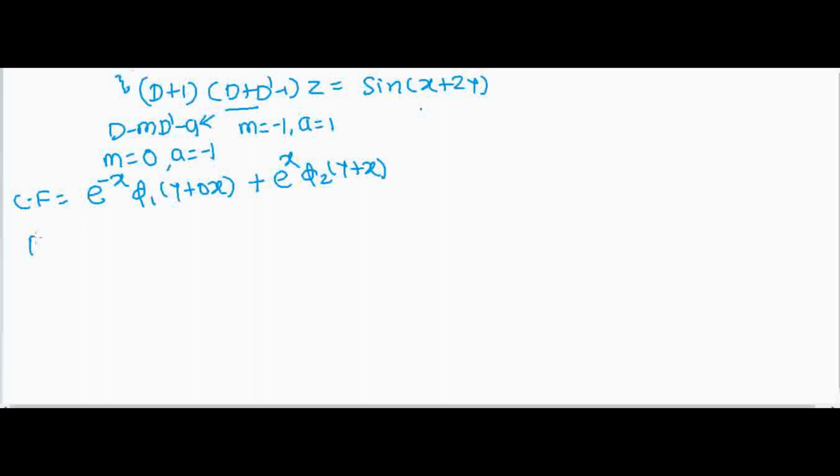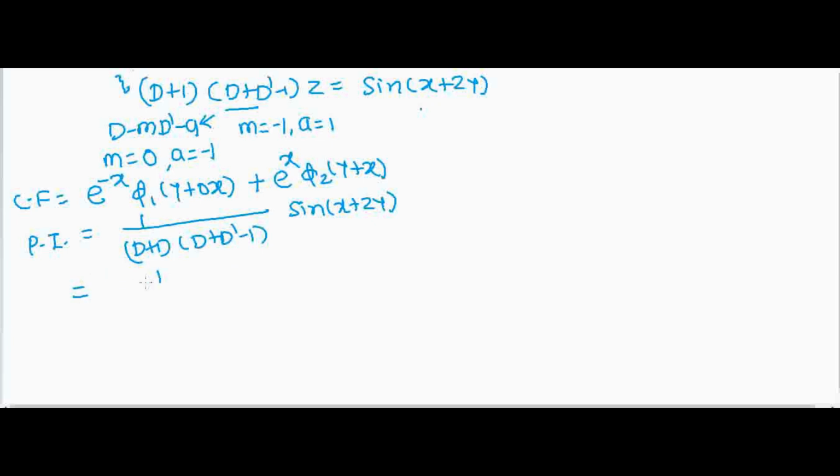Now the particular integral is equal to 1 divided by D plus 1 into D plus D dash minus 1 operating on sine of x plus 2y. Now to operate this operator, we know that we require the terms D square, D into D dash and D dash square.